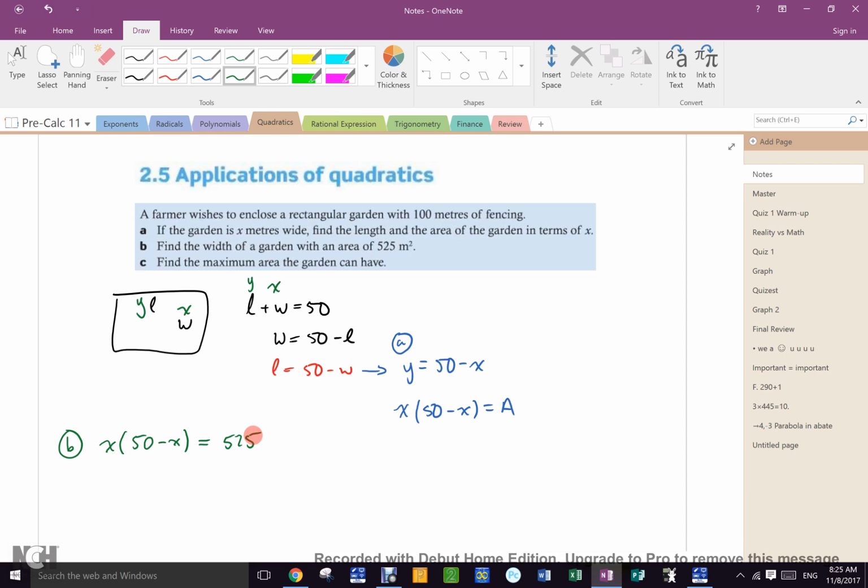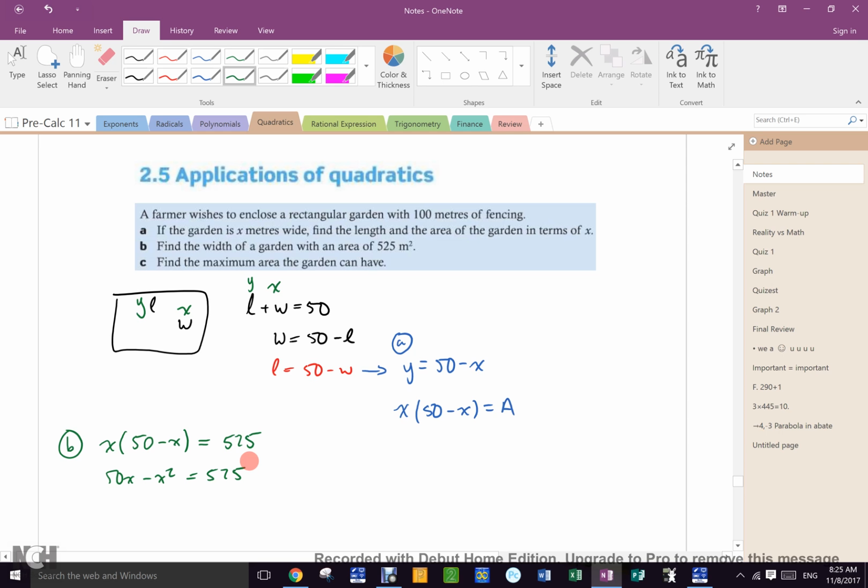What would we do? Expand it, sure. And we'd end up with what? 50x minus x squared equals 525, correct?